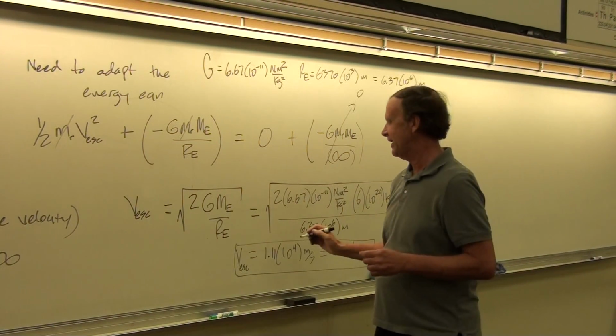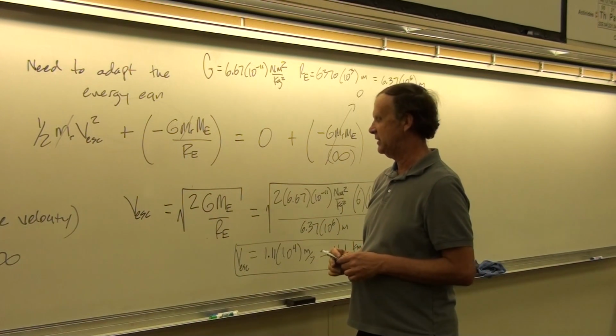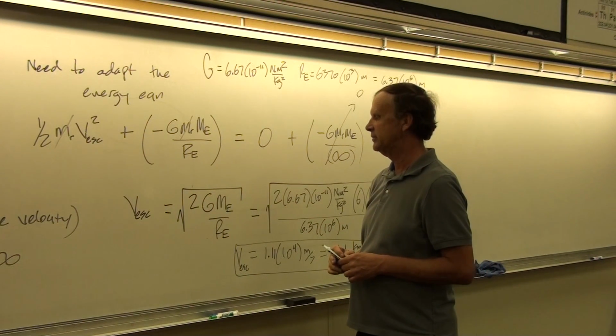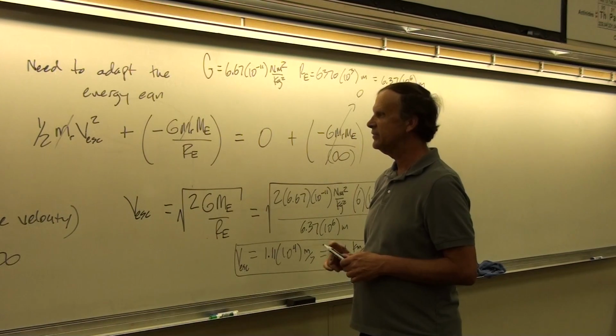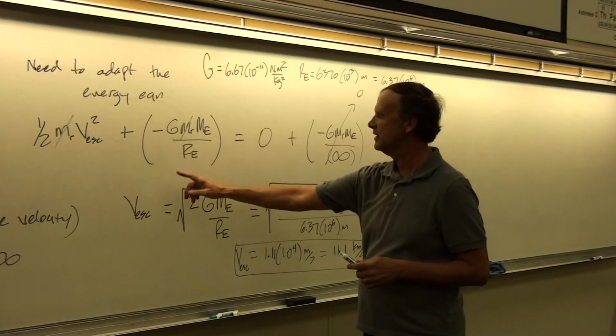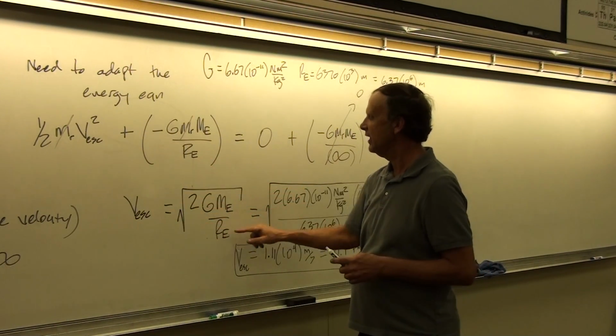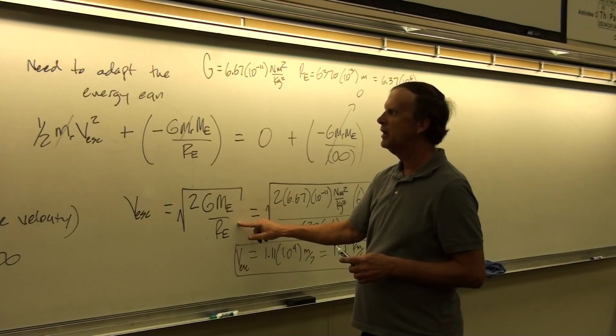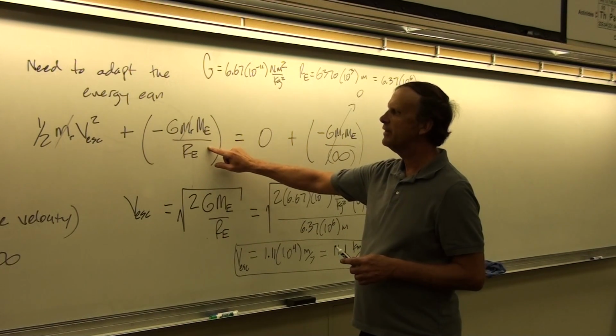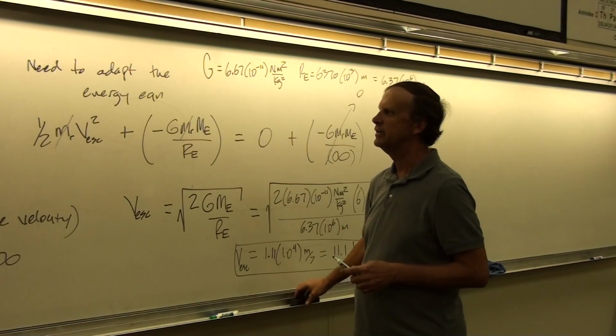And that's how fast we would have to make it go for that to occur. Okay, so that allows us then to determine the escape velocity from our modified form of the energy equation.